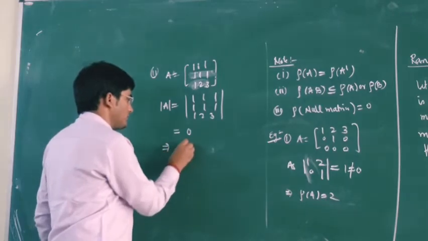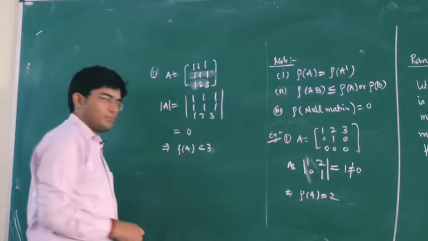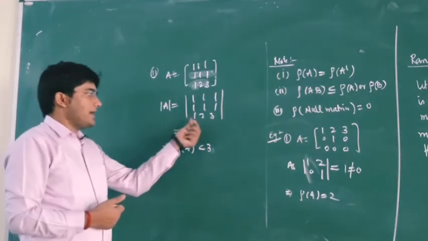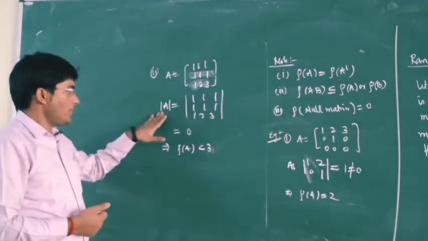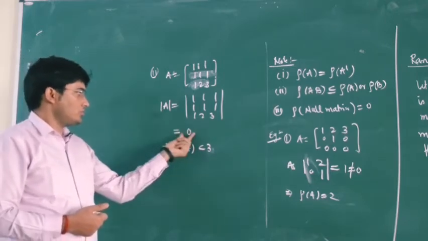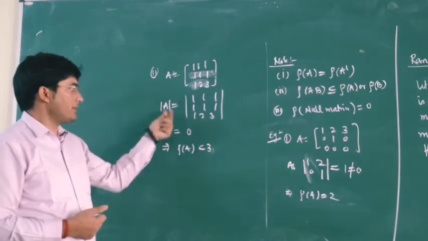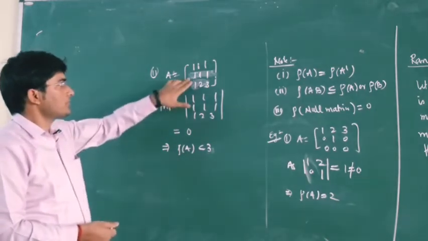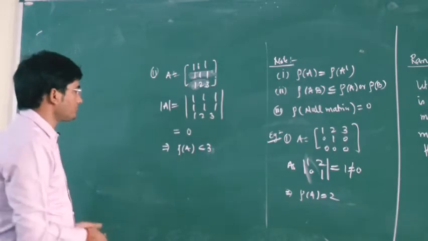So the rank of the matrix should be less than 3 because rank is the order of the highest non-vanishing minor. Here you have a determinant which is 0. Now let us consider a minor of order 2.